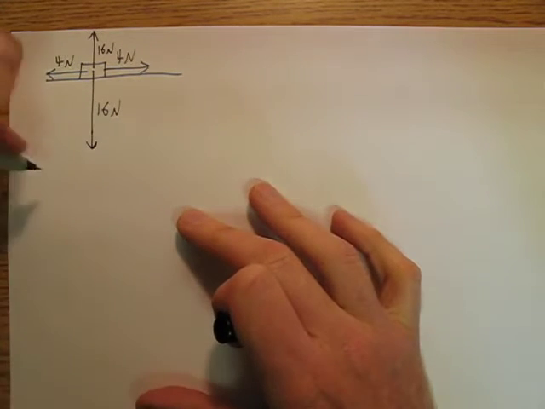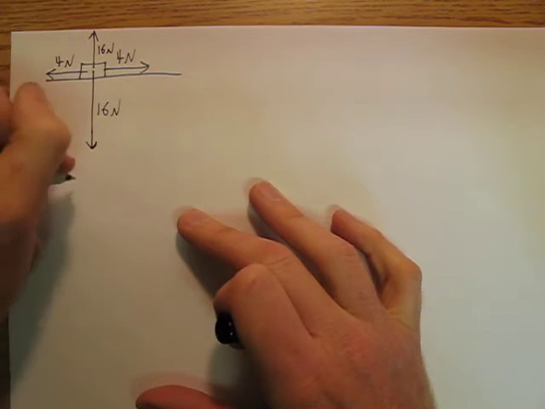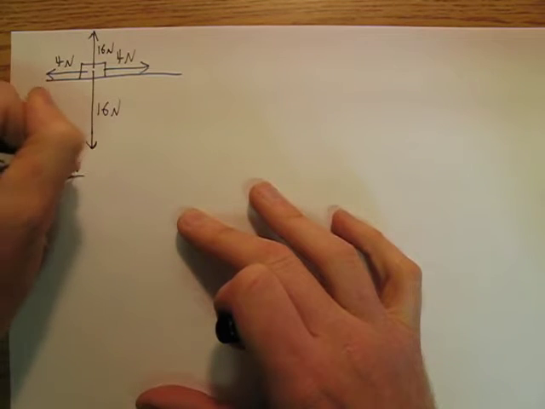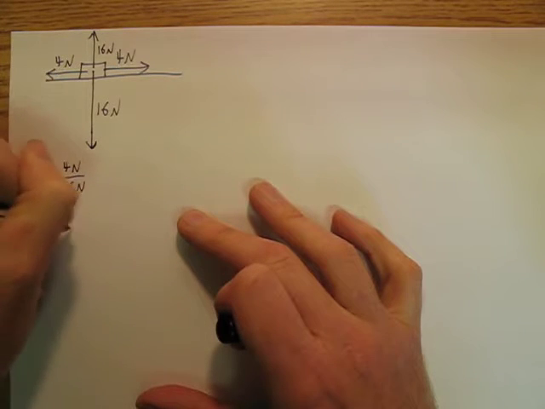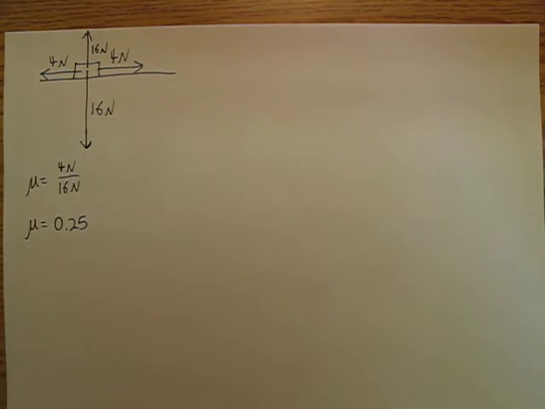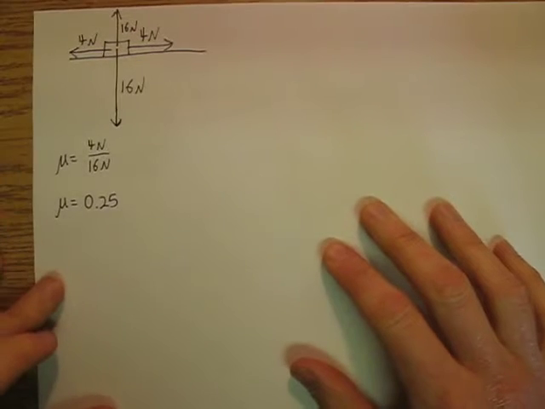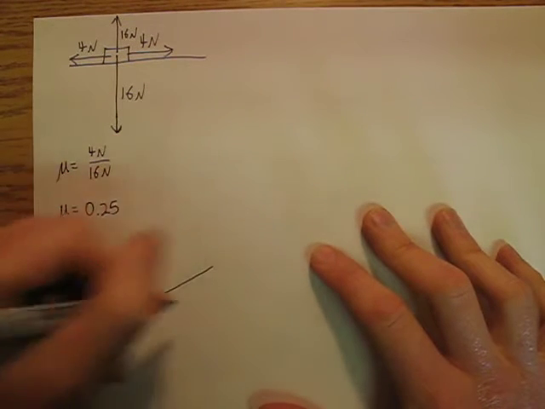So I had a mu of 4 newtons divided by 16 newtons. I don't need my calculator to do that. That's 1/4, or 0.25.